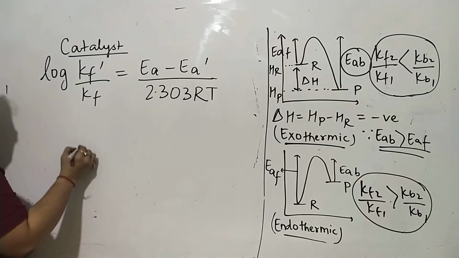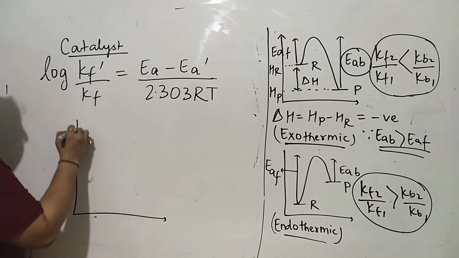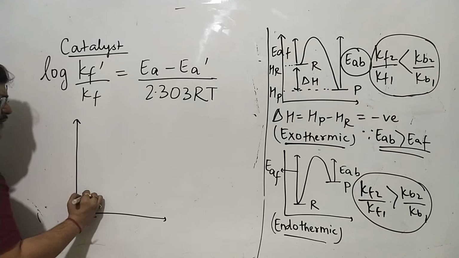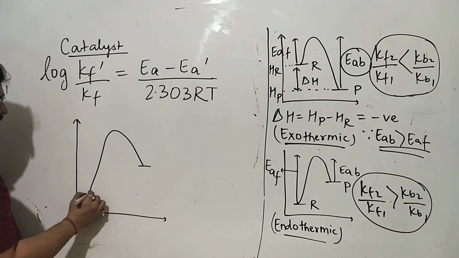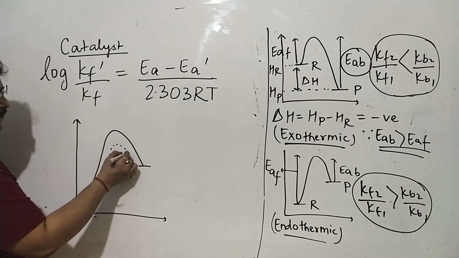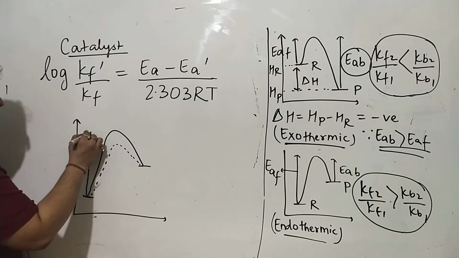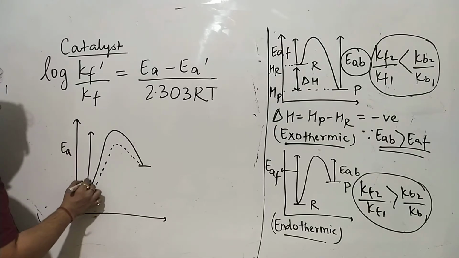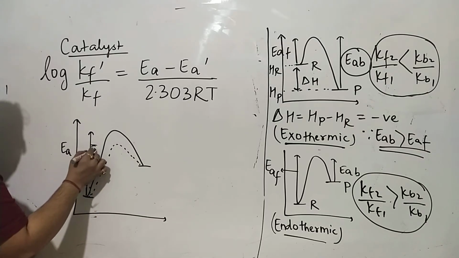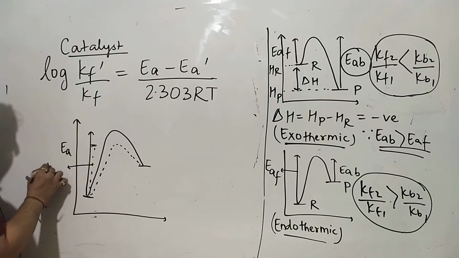I can give you the energy profile as well. This was the energy profile. By catalyst, by default, I mean a positive catalyst. We will not talk about negative catalyst for the time being. This was Ea, and this is Ea prime.